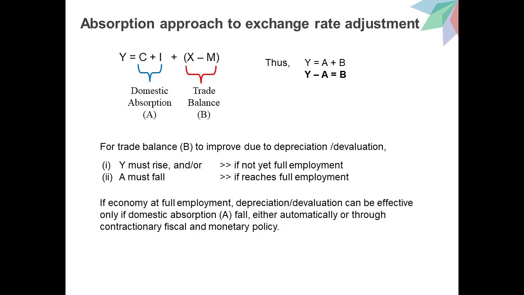Y must rise, if not yet reached full employment. 2. A must fall, if it reaches full employment. If the economy is at full employment, depreciation/devaluation can be effective only if domestic absorption falls, either automatically or through contractionary fiscal and monetary policy.